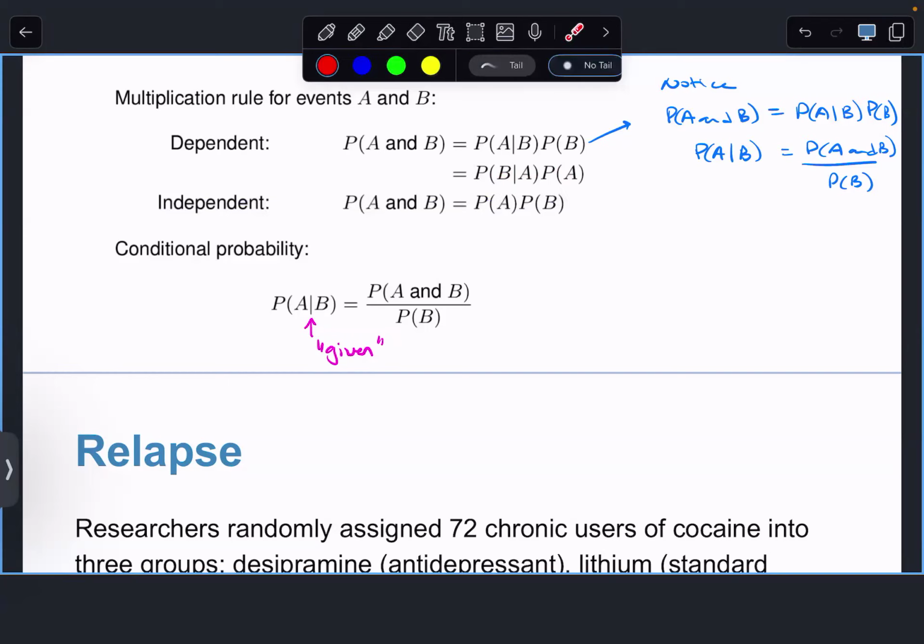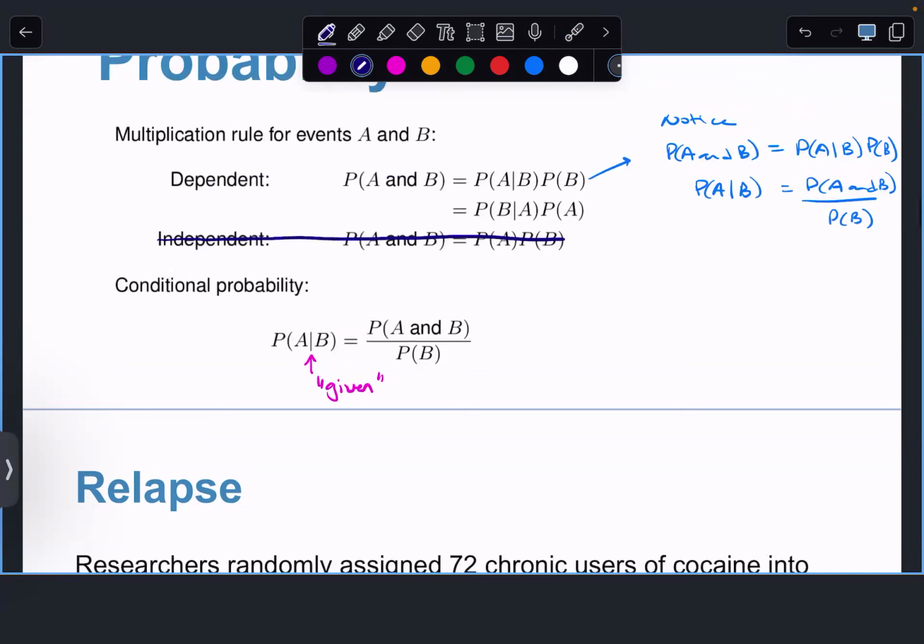I'll redraw this line, but if the probability of A doesn't depend on B, that means those two things were independent. So then the probability of A given B just becomes the probability of A, and that's how you get the probability of A times the probability of B. But I'll strike that out. Strike it from the record.